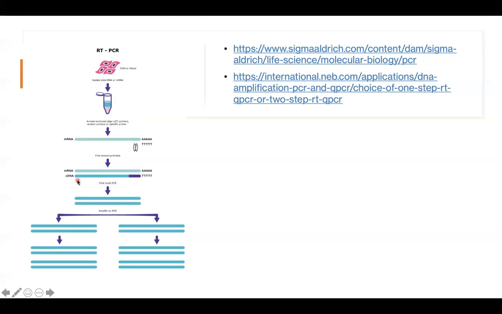Okay? Yung copy DNA. And we call that reverse transcriptase PCR. Okay. And after we have the cDNA, pwede na tayong mag-PCR.